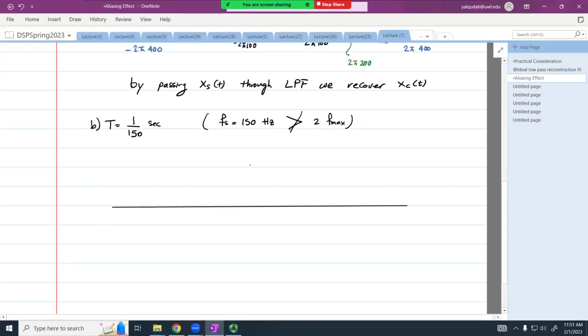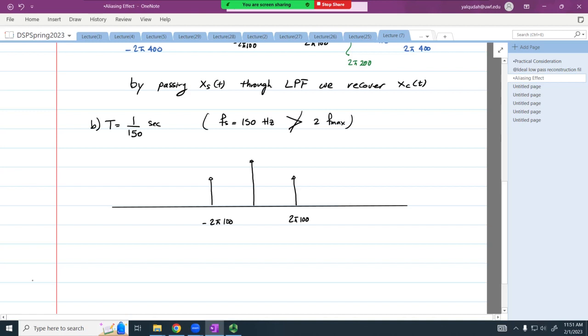So I'm going to come here. The sampled signal is going to look something like this. We have the 2 pi multiplied by 100, and now I'm going to have a repetition of this. Where is it going to be centered? At 2 pi multiplied by 150.